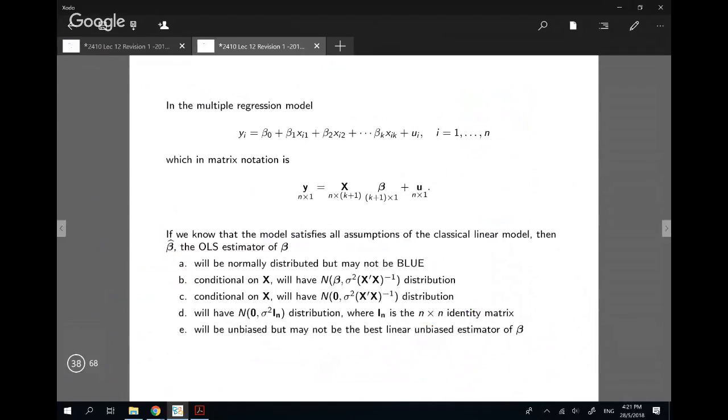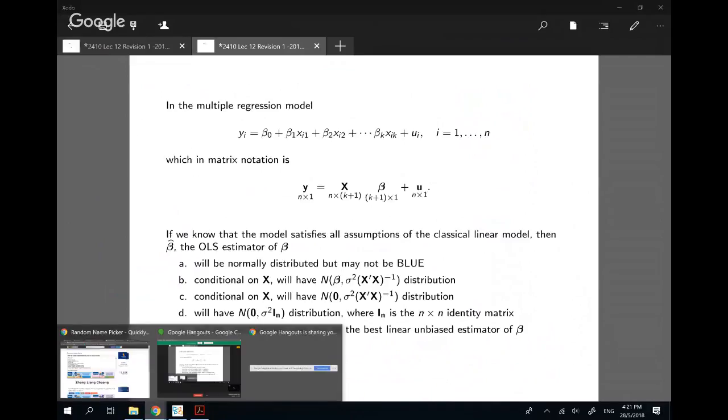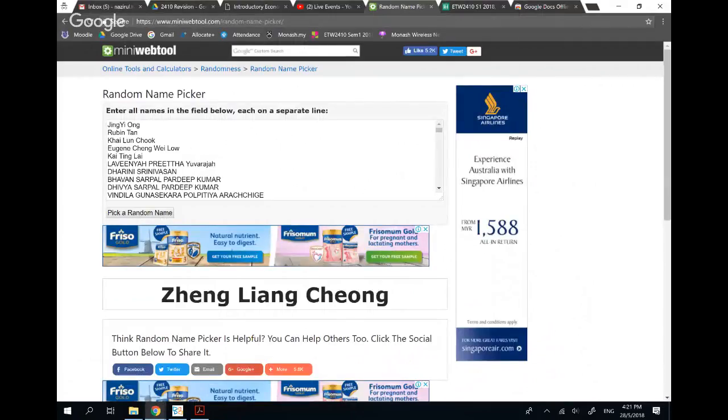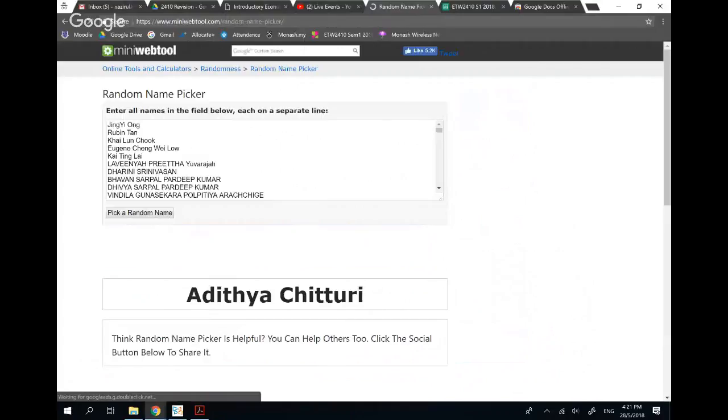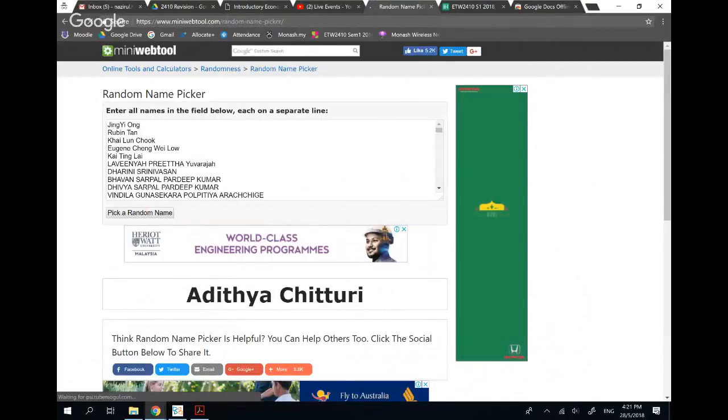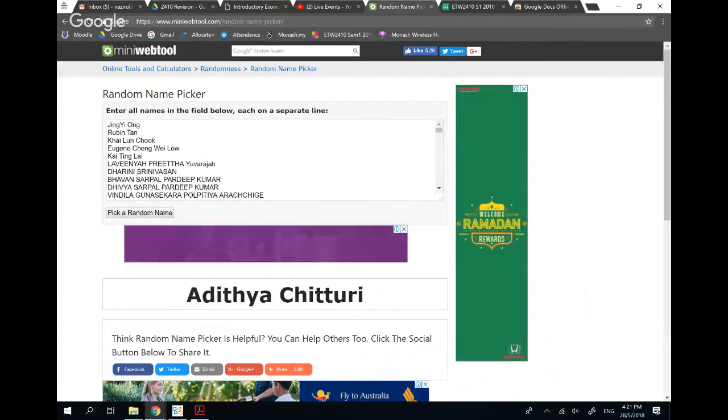We know that the model satisfies all assumptions of the classical linear model. Then beta hat OLS will be... Oh, is that the same question? Okay. A, B, C, D. So who's next? Let's pick a random name. Okay.